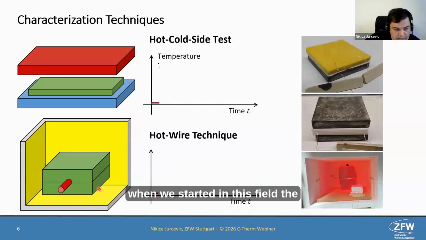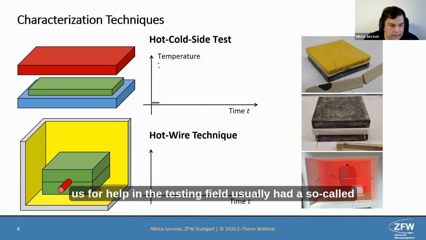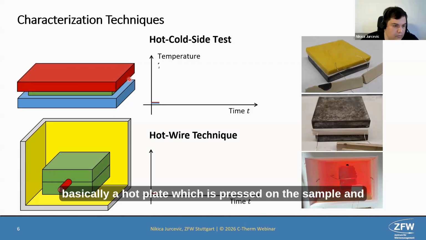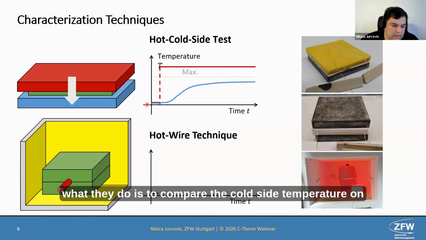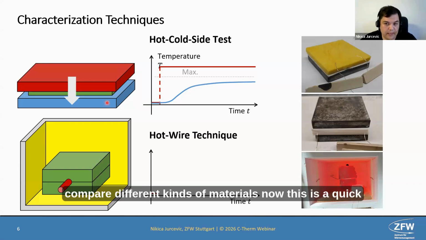So when we started in this field, the customers who came to us and asked us for help in the testing field usually had a so-called hot-cold side test to compare the materials, which is basically a hot plate which is pressed on the sample. And what they do is they compare the cold side temperature on the cold plate and compare different kinds of materials.